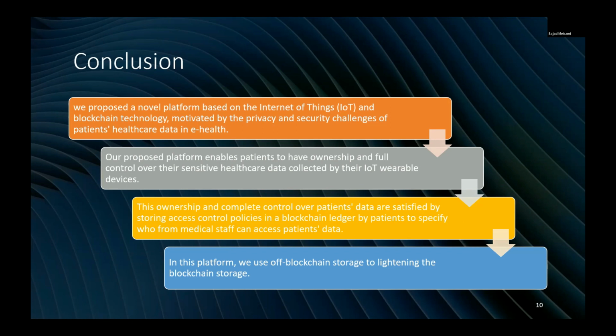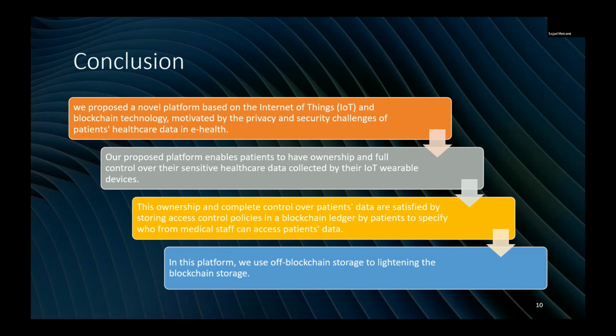So in conclusion, in this paper we proposed a novel platform based on the Internet of Things and blockchain technology, motivated by the privacy and security challenges of patients' healthcare data in e-health applications of the IoT. Our proposed platform enables patients to have full ownership and full control over their sensitive healthcare data collected by their IoT wearable devices.